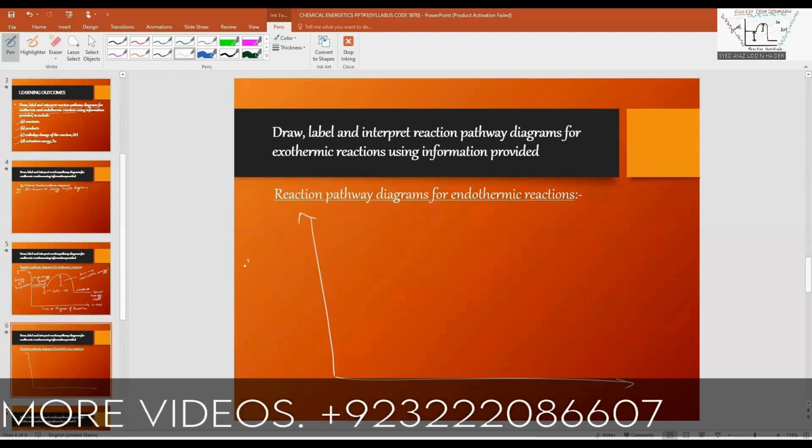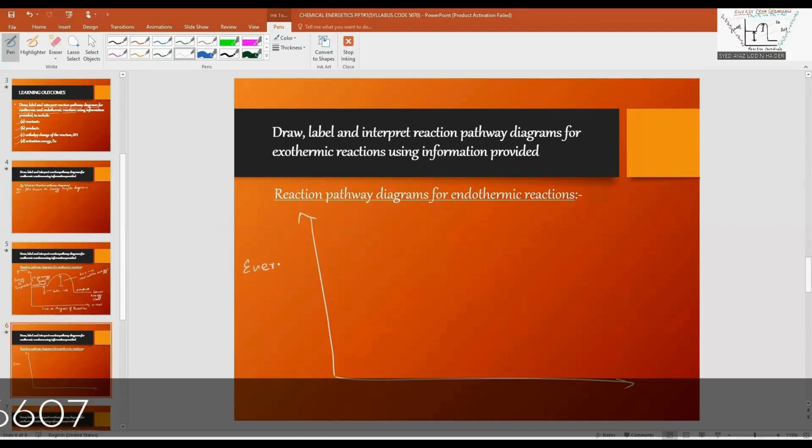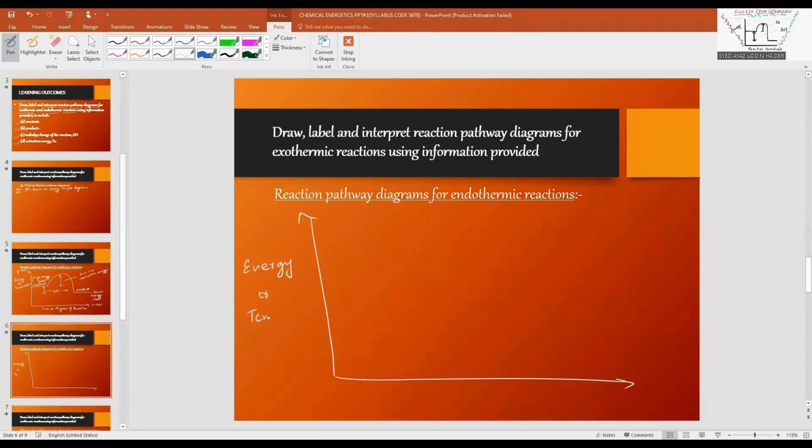On the y-axis, you have energy or temperature. The unit will be centigrade. And on the x-axis, you have time or reaction coordinate.